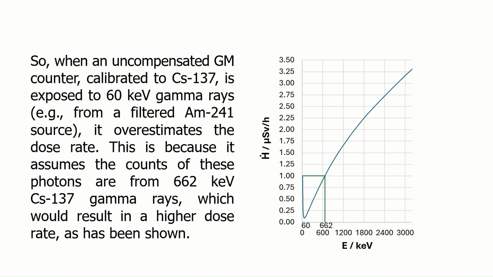So when an uncompensated GM counter, calibrated to cesium-137, is exposed to 60 keV gamma rays, for example, from a filtered americium-241 source, it overestimates the dose rate. This is because it assumes the counts of these photons are from 662 keV cesium-137 gamma rays, which would result in a higher dose rate, as has been shown.